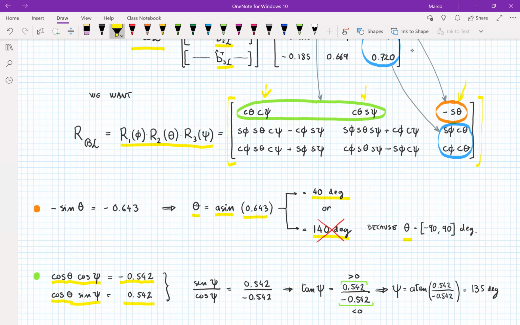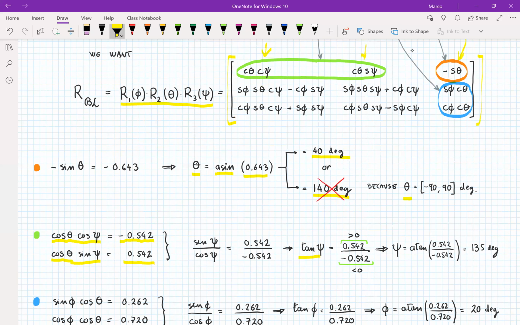So let's take the ratio between these two equations. So we have that tangent of psi is equal to 0.542 over minus 0.542.